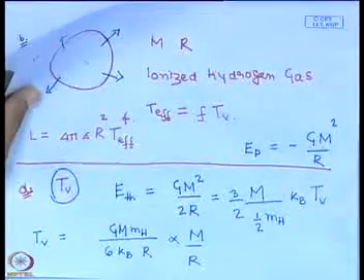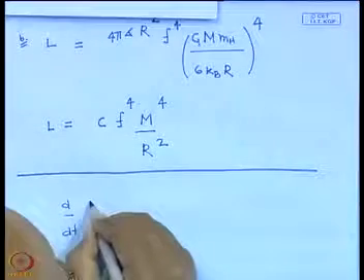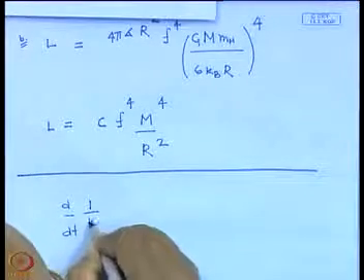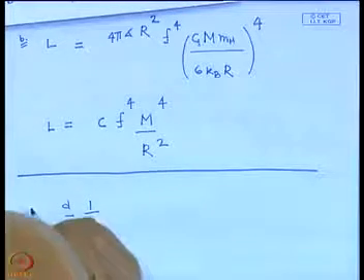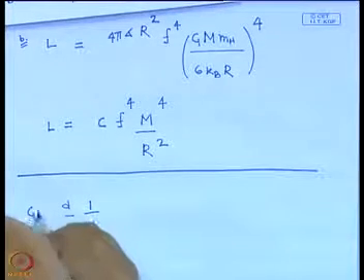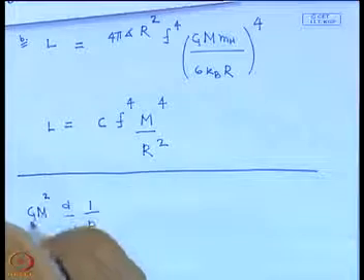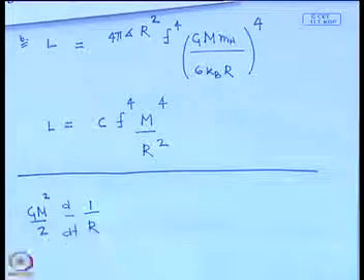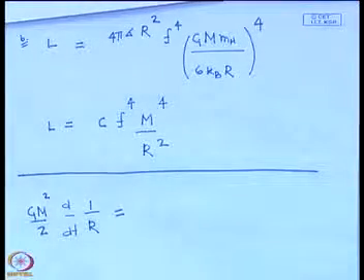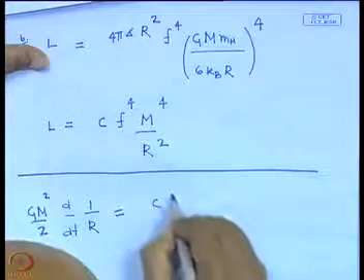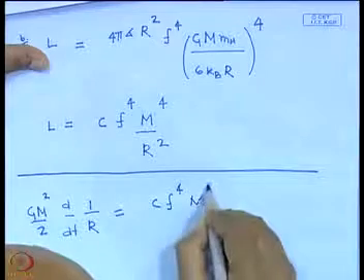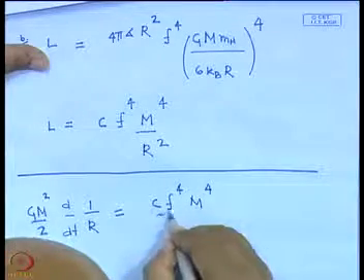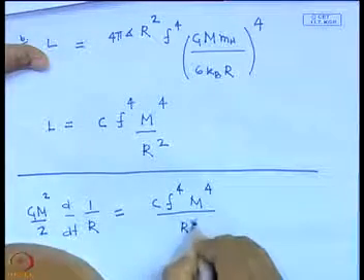So, it is essentially 1 by r and this is equal to C f to the power 4 m to the power 4 by r square.